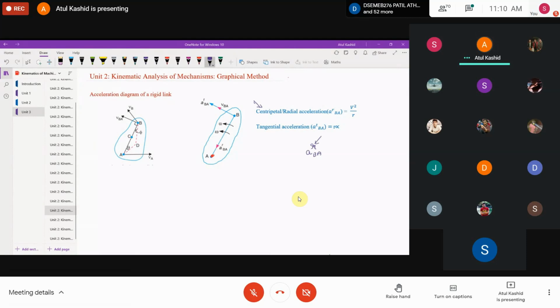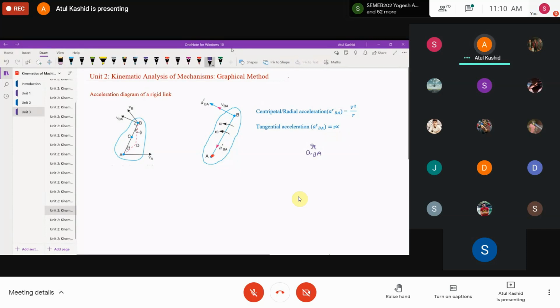This R is nothing but radial. In some books, you can find this as the centripetal acceleration, so this R can be replaced by C. It depends upon how you take it.